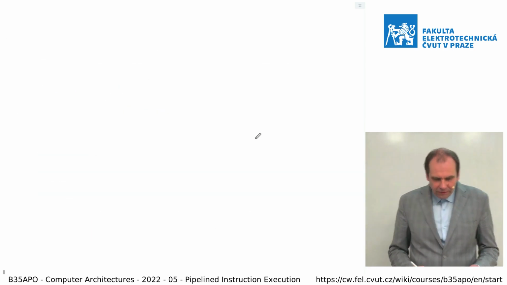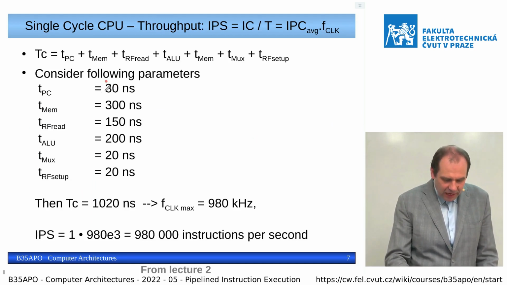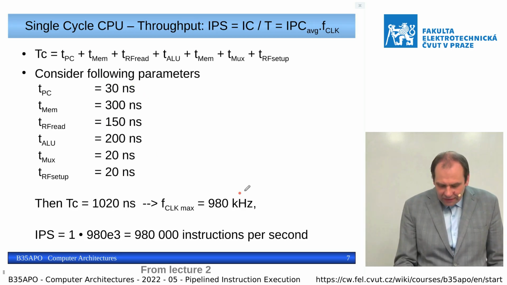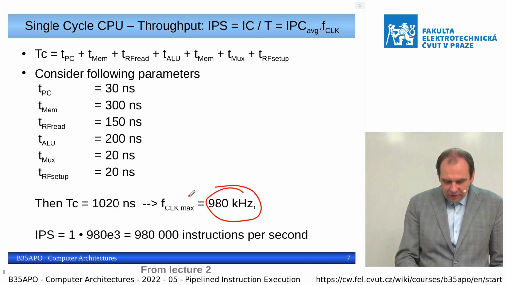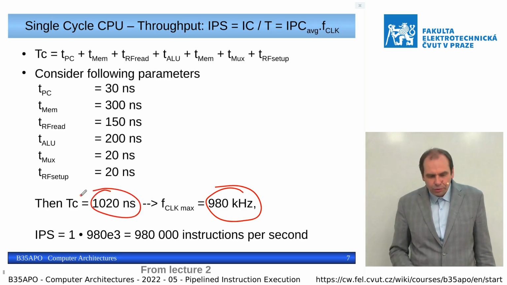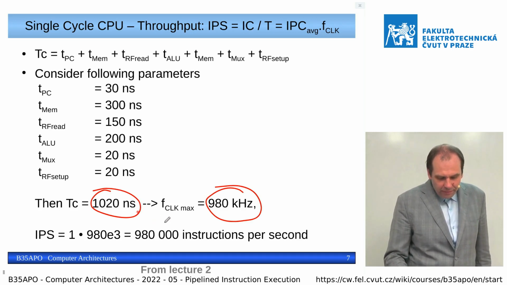So if you look here for this example design, when there are some times for the propagation through the registers and so on, we get the final time to propagate the signal with some reserve through the whole logic as a little more than 1 microsecond.